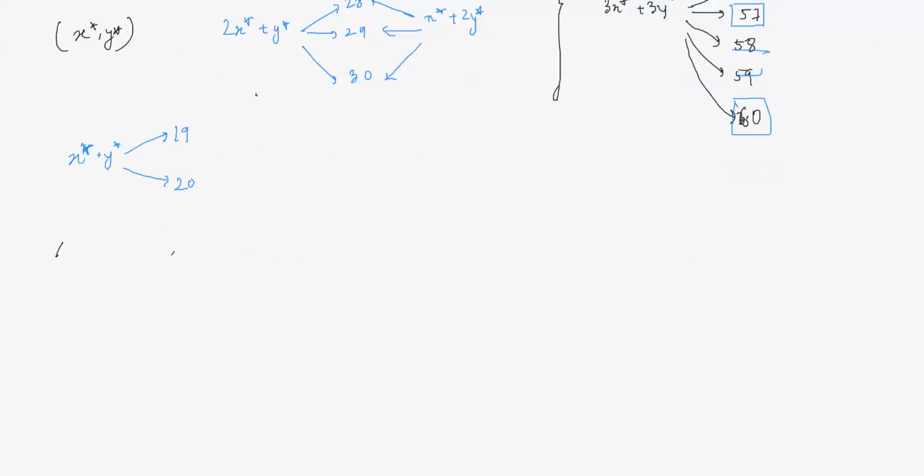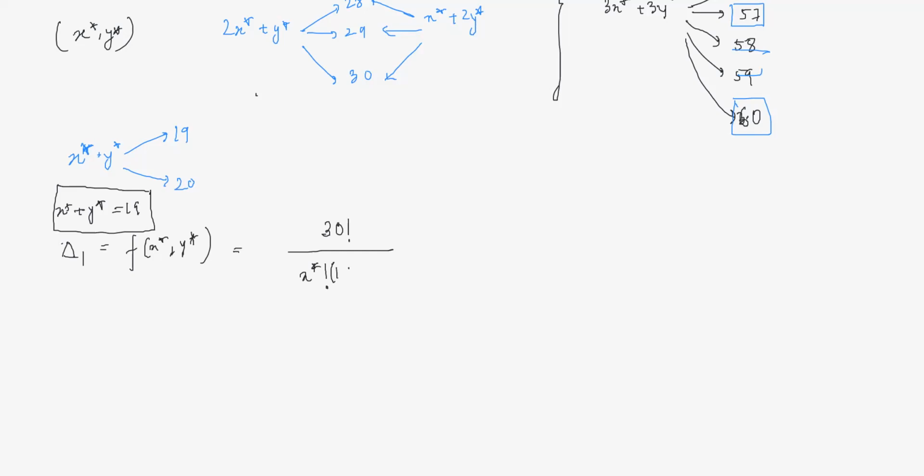Let's take the case when x star plus y star is equal to 19. Let's say the value of f at (x star, y star) is lambda 1. For that we get 30 over x star factorial times (19 minus x star) factorial times 11 factorial.